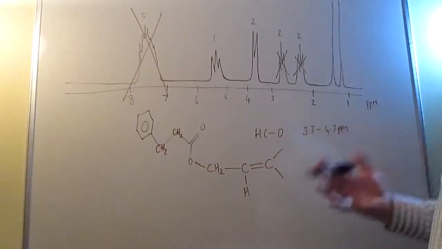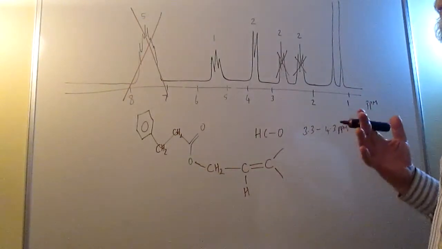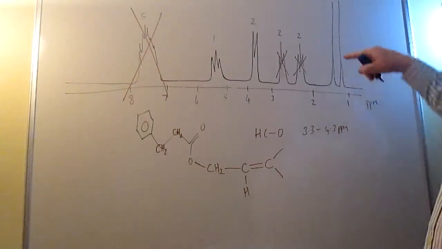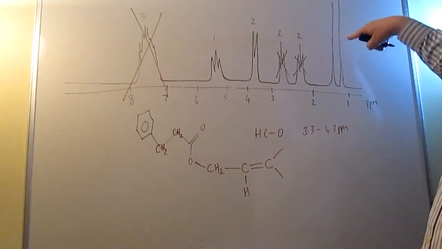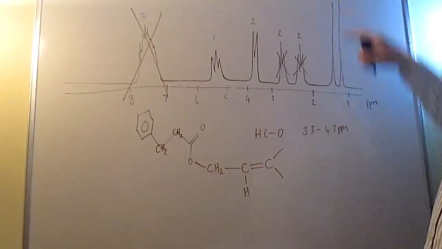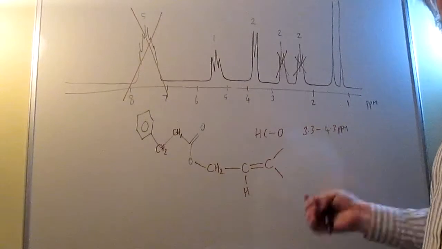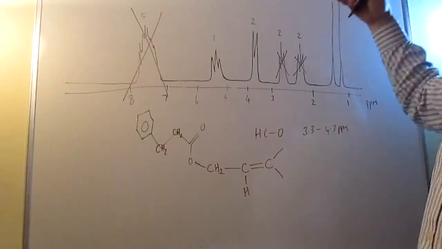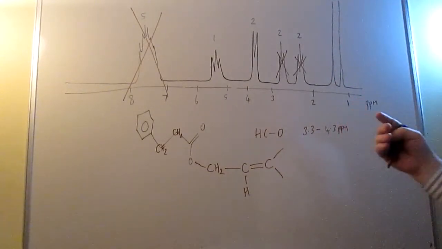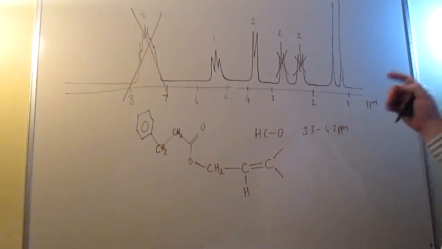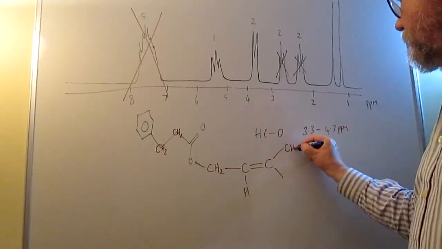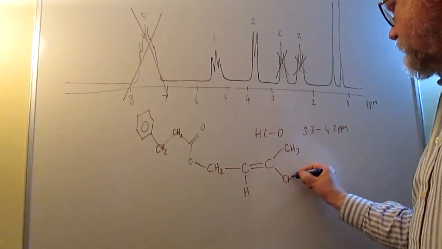Well, we look at what else is in the spectrum, and we see that we've got 2 peaks between 1 and 2, each with an area of 3. So those look like 2 methyl groups. You see peaks with an area of 3, you strongly suspect methyl groups. And of course, if we have 2 methyl groups, they could be there and there. Let me check, does that make sense?